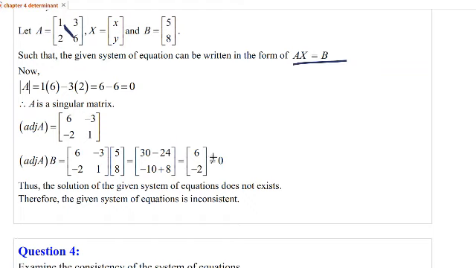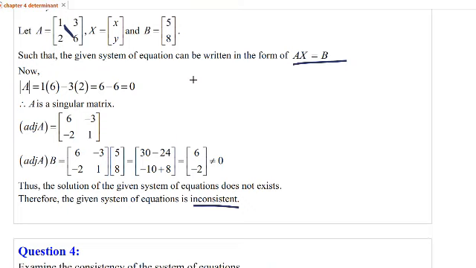If adjoint A into B is not a 0 matrix, then the given system of linear equations is inconsistent. But if adjoint A into B is also a 0 matrix, then we'll say that the system of linear equations is consistent with infinite solutions.